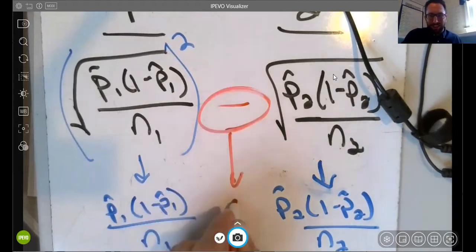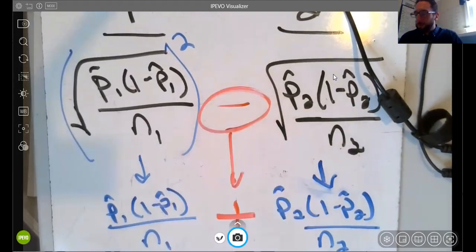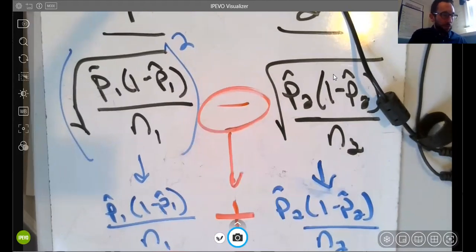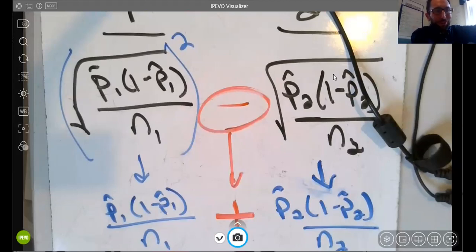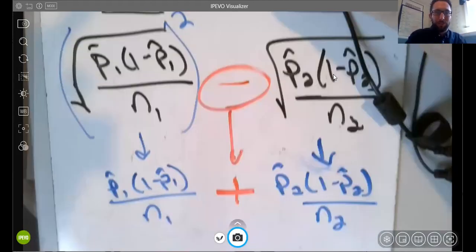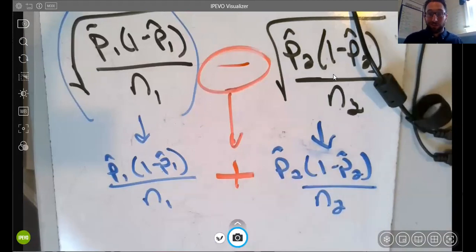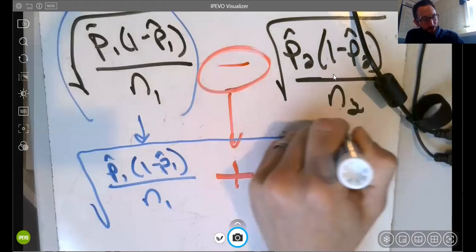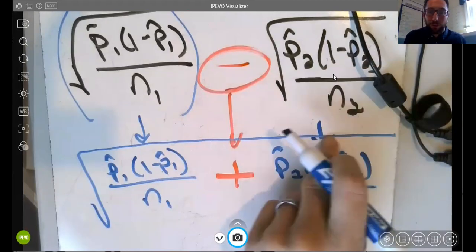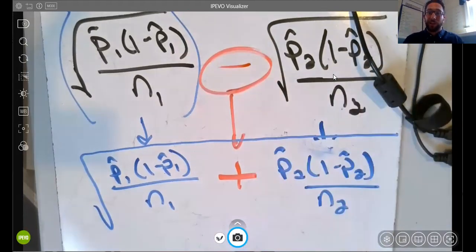What I have written in blue and red, that's a variance. How do I turn it back into a standard deviation? It's the formula that's on the formula sheet. Nothing crazy going on, just variances always add. Peace.